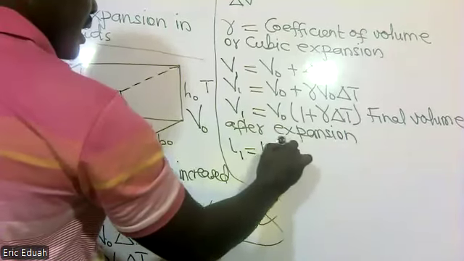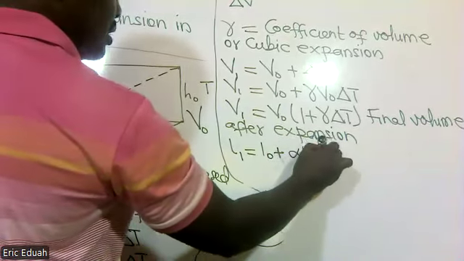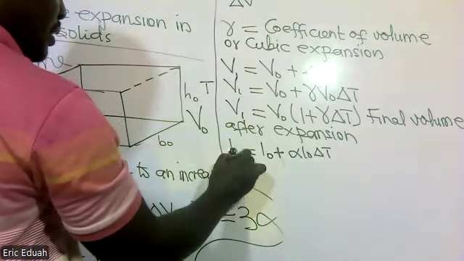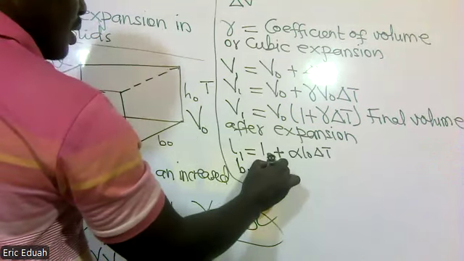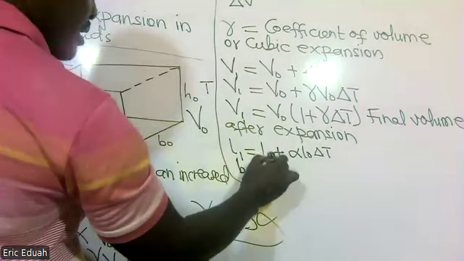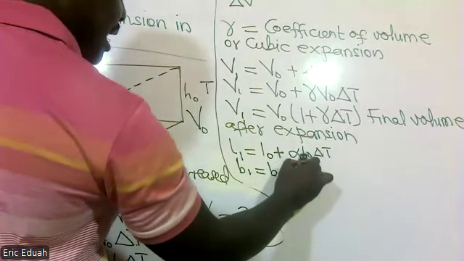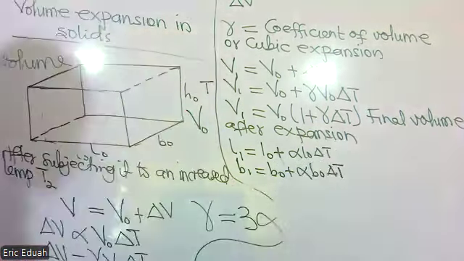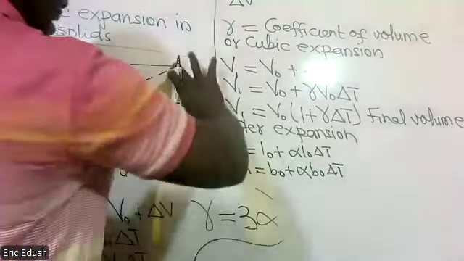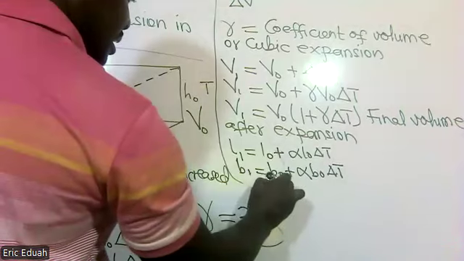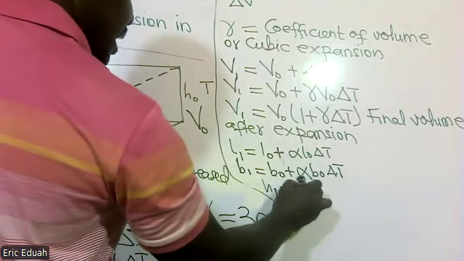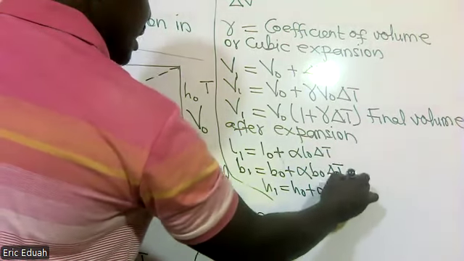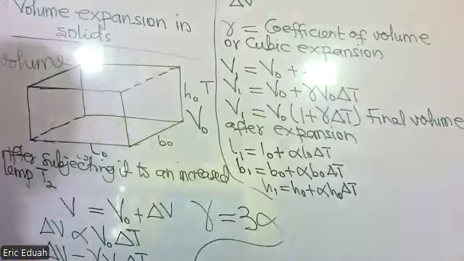The change in length is alpha L0 delta T. Then the new width, which is B1, would also be the original width or breadth B0 plus alpha B0 delta T. Then the new height after the expansion, H1, will be equal to the original height H0 plus alpha H0 delta T.